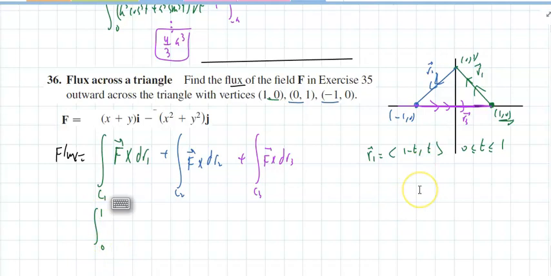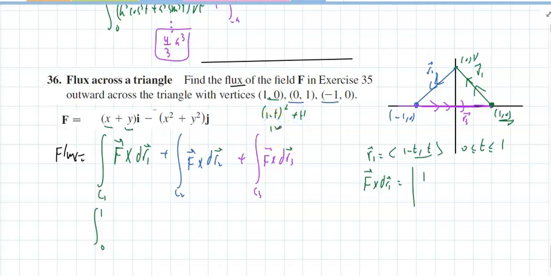Well, let's see what F is. In this case, F crossed dr1. Oops, you guys forgive me, right? That is, well, 1 minus t plus t, right? That's F. That is 1. And 1 minus t squared plus t squared.